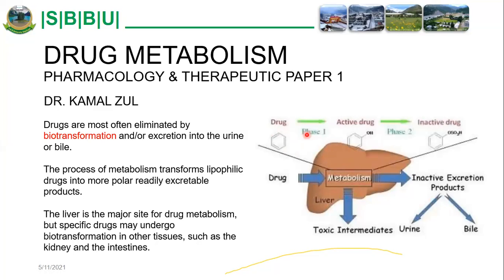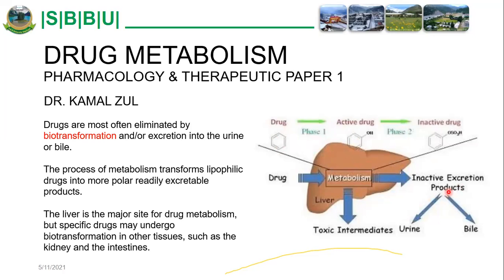The drug may enter phase one, where mostly enzymatic degradations occur, and then phase two reactions, where mostly the conjugation reactions proceed. In phase one, some functionalization may occur, and in phase two, mostly conjugation reactions are involved, right? And whenever the drug passes through the various metabolic steps, it becomes inactive for excretion.